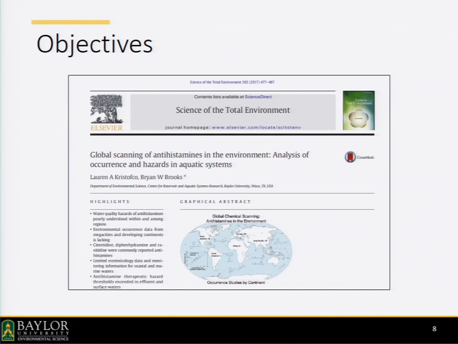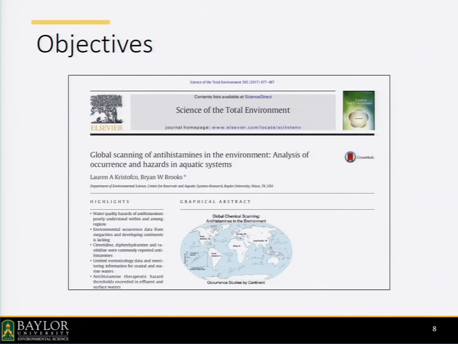But before I was able to do that, I had to identify a class of contaminant to study. I ended up studying antihistamines for a number of reasons, one of which was that previous work in our lab had identified that antihistamines have an increased relative hazard compared to other pharmaceutical classes. Antihistamines are also a commonly used pharmaceutical.